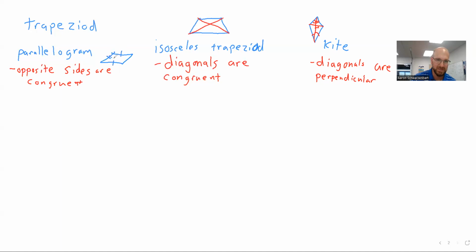These sides and those sides are congruent. Opposite angles are congruent. That means this angle is congruent to this angle. And these two angles are congruent.